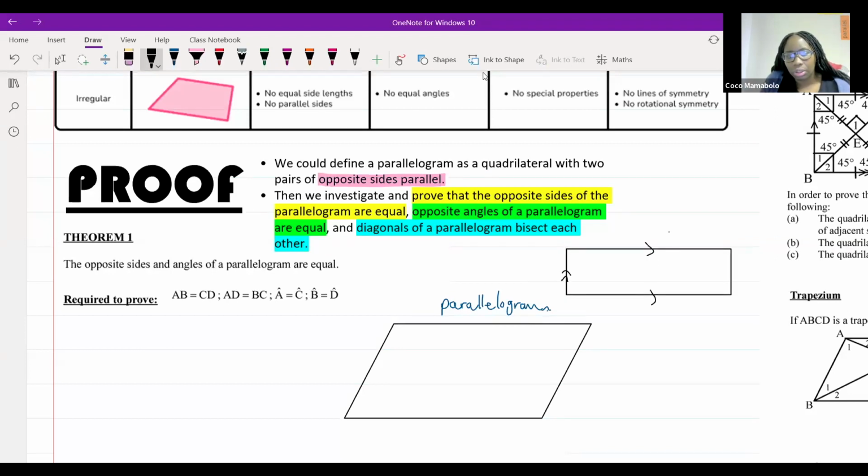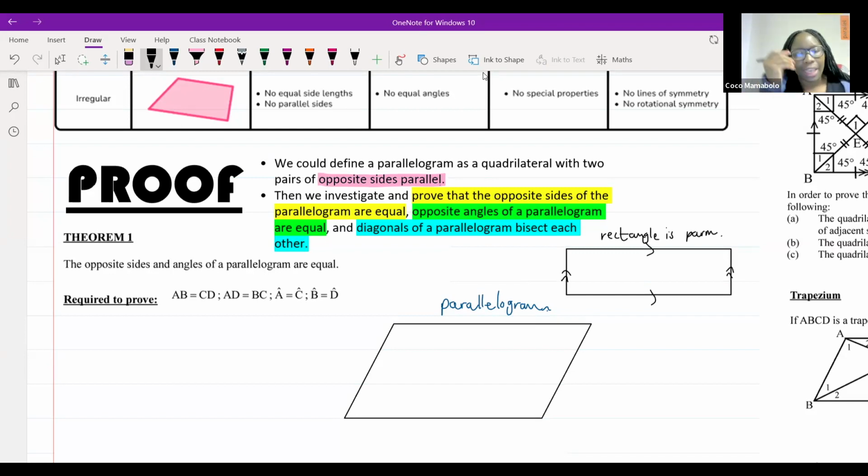Yes or no? Yes, Michael, I do, because it's a rectangle. So what this actually tells us is that a rectangle is also a parallelogram. It's just a specific kind of parallelogram.